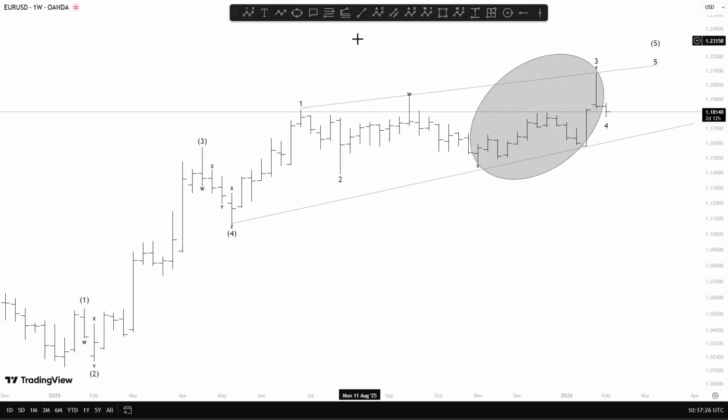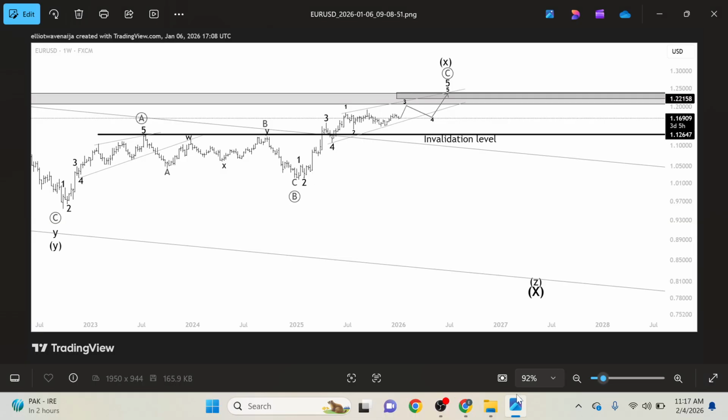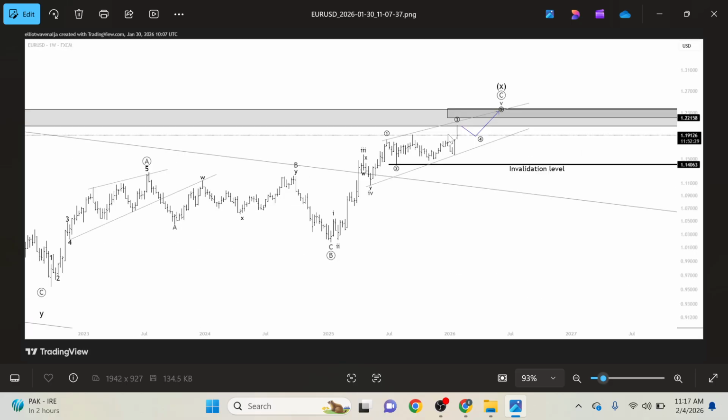Let me show you the chart. So this is it. This is January 26, 2026, when we predicted wave 3 of the ending diagonal. And this is the result.